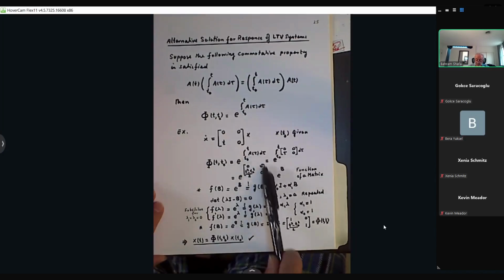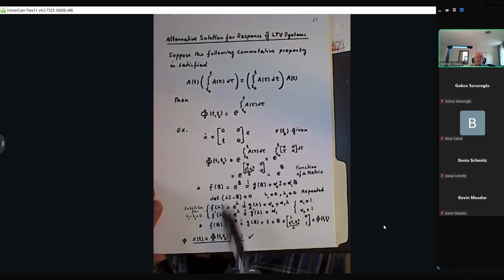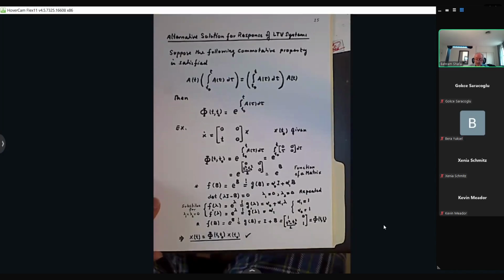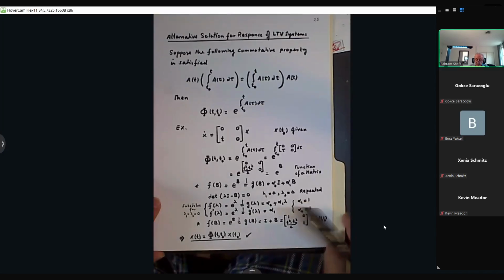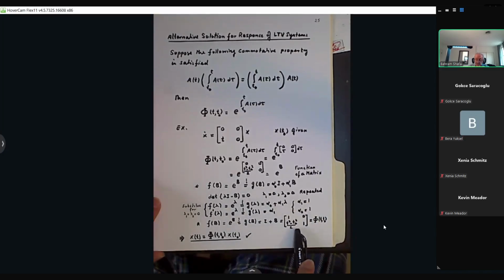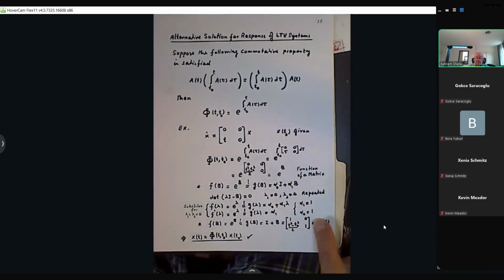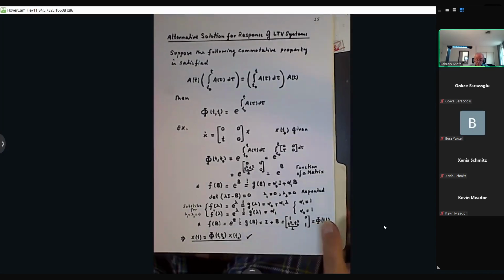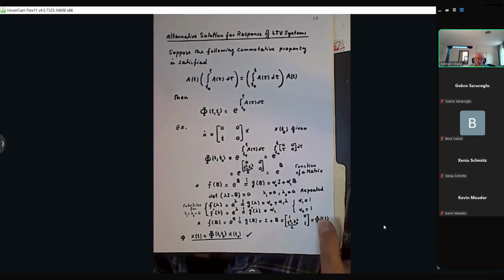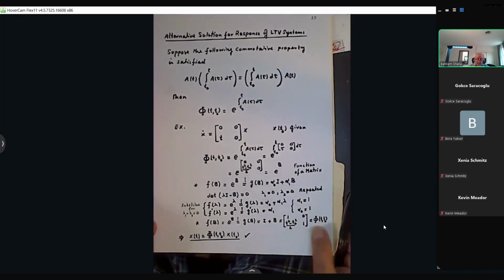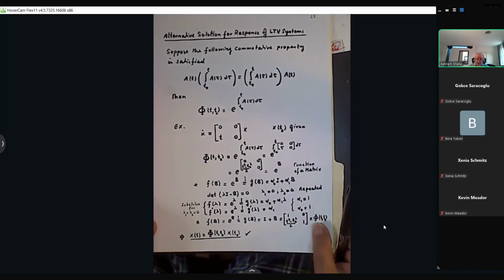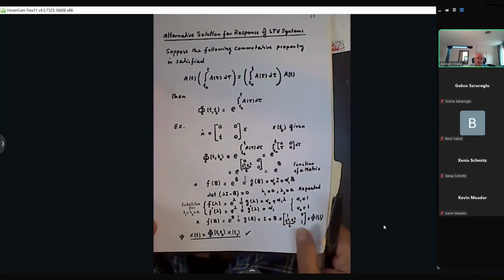That will reduce to a function of a matrix, where you can use the knowledge of the Cayley-Hamilton theorem to obtain the same phi of T0 that we obtained before. So that is the end of the material that I sent to you. I hope it is useful and you can benefit from it.